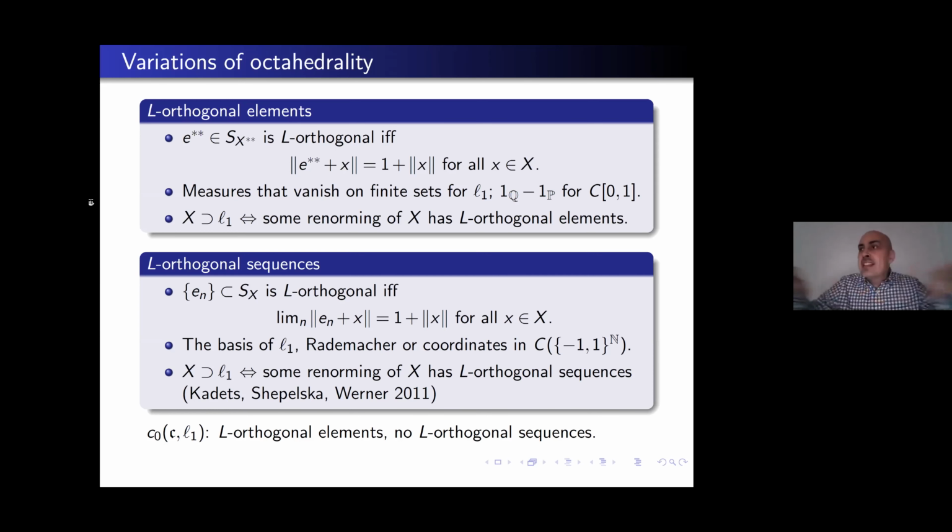So in such a situation, I may have L-orthogonal elements without being able to reach them by L-orthogonal sequences. Actually, in this space, there are no L-orthogonal sequences at all.